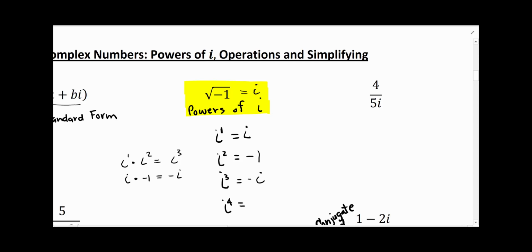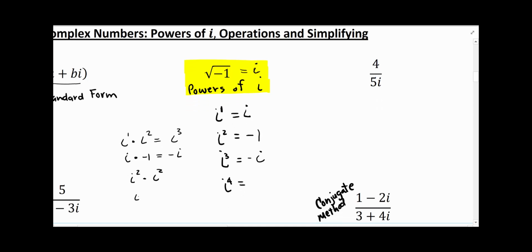All right? And then i to the fourth is i squared times i squared. Or you could do i cubed times i to the first. That would be fine too. Well, i squared times i squared, well, i squared is negative 1, negative 1 times negative 1 is 1.